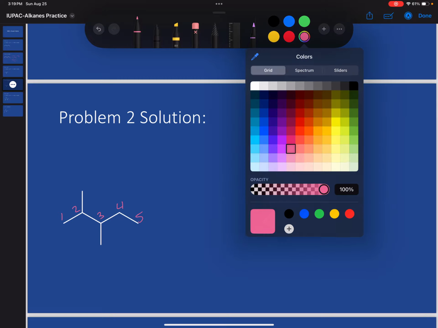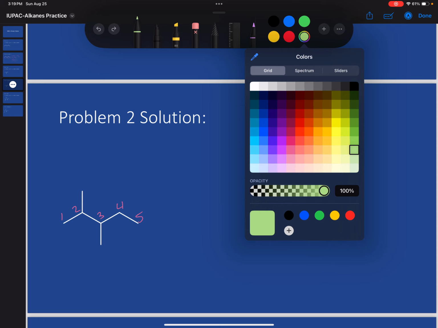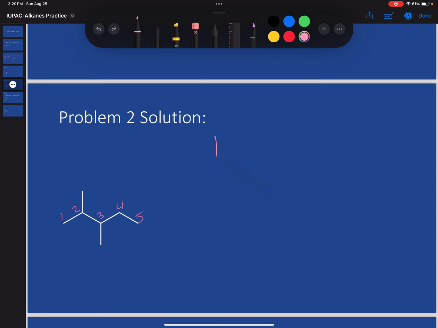I could actually start from the top on this carbon here, and I would still get the same answer of 1 through 5. It doesn't matter. If you were to name using the pink or the green, you would get the same name. Either way, I've now identified that my parent chain for this compound is going to be pentane, because the longest chain I can get is 5 carbons, and this is another hydrocarbon.